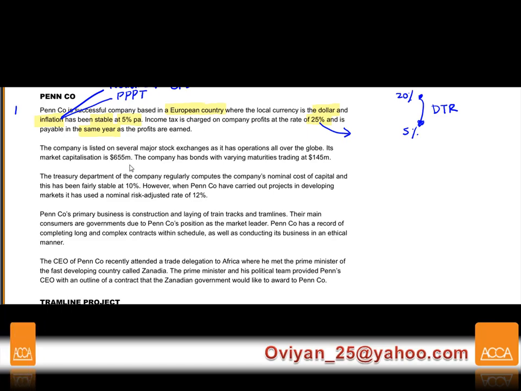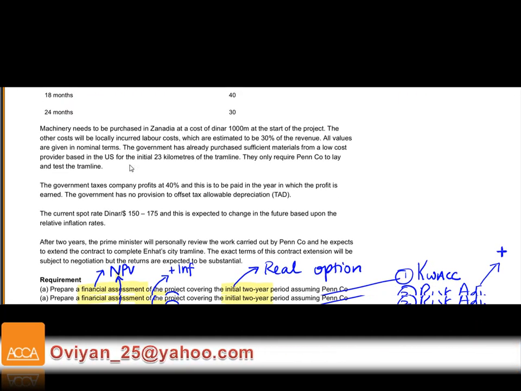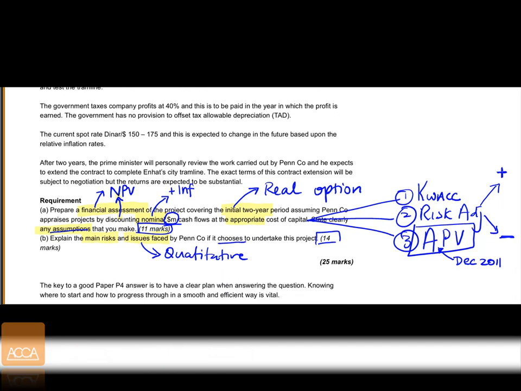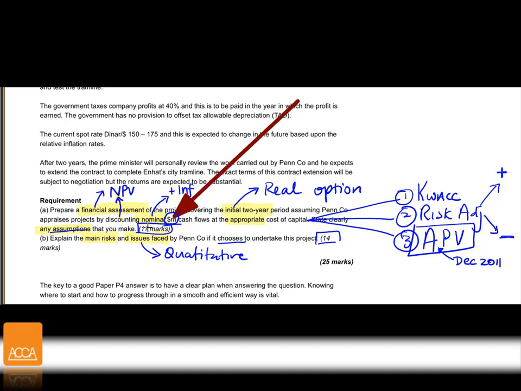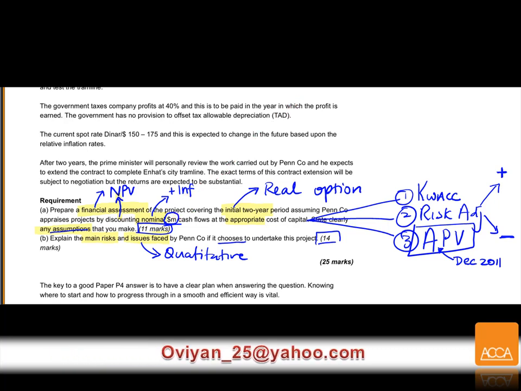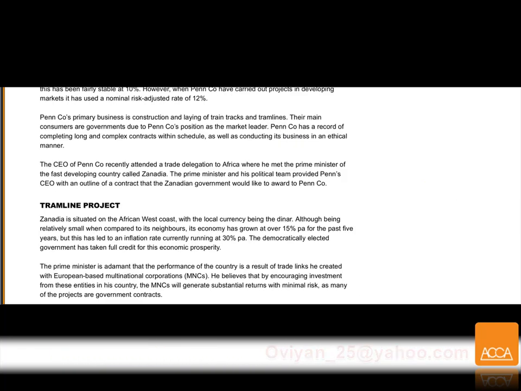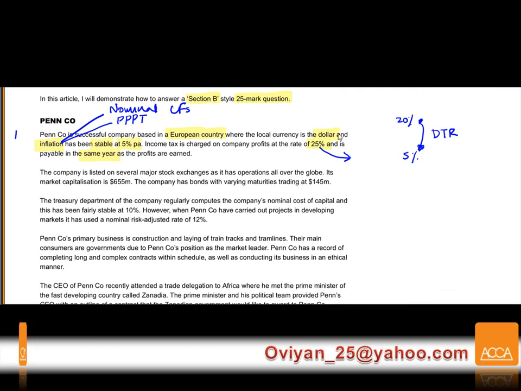So we are told here. Now going back to the requirement here. If you look at this point, I'm pointing at this point here, this is telling us it's going to be in dollar million. That means we're going to discount using these dollar cash flows. And it happens that this is dollar.